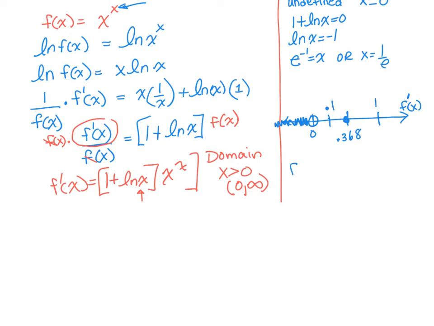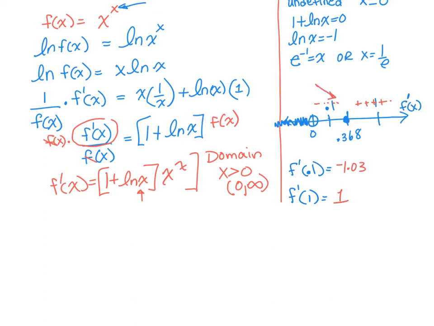So I want to find the derivative at 0.1 and the derivative at 1. And I'll let you do that in your calculator, but you should get the derivative at 1 is 1, and the derivative at 0.1 is -1.03. So we have negative derivatives and then positive derivatives.